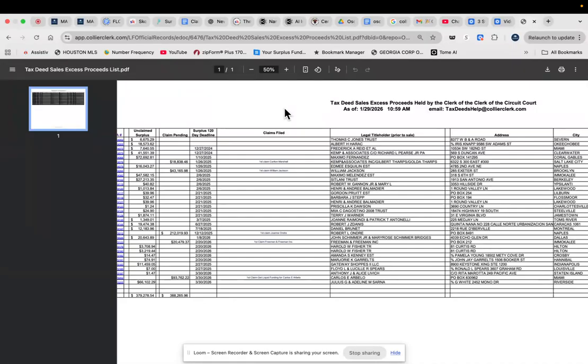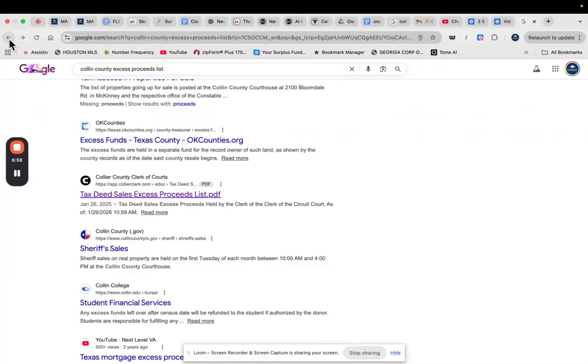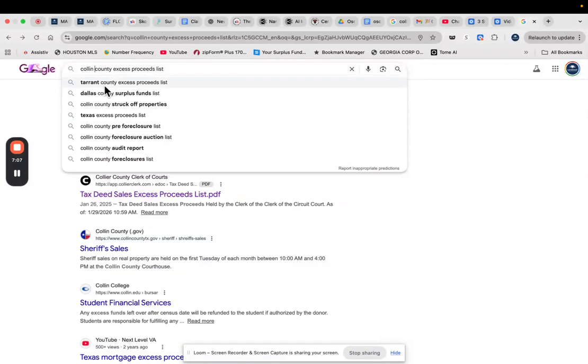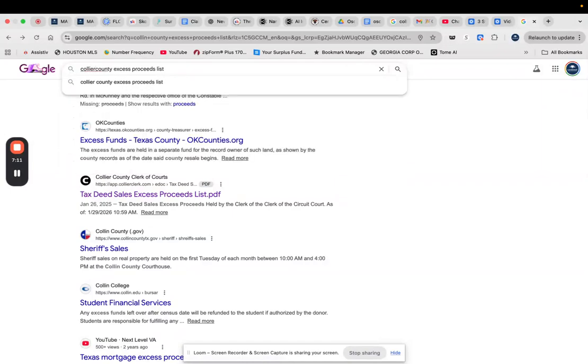So I'm going to go back to this county. It's collierclerk.com. So I'm going to go back to where I researched. And now I'm going to just type in Collier County because they had a list. Okay. So remember, I showed you step one is finding the list.